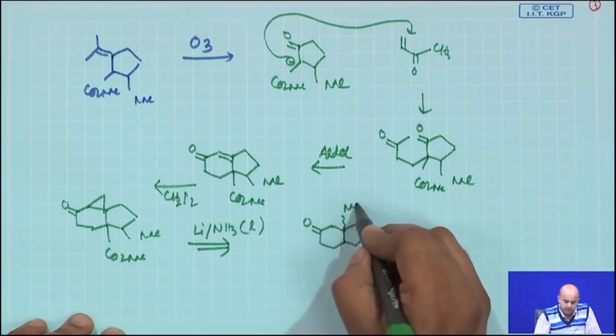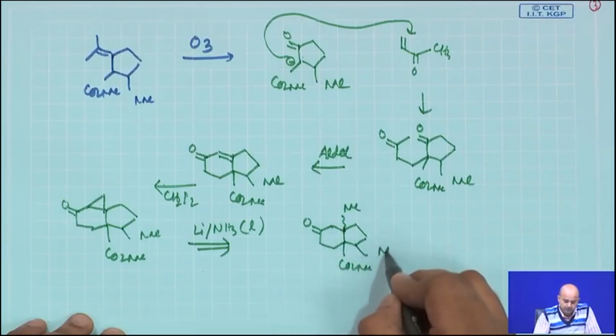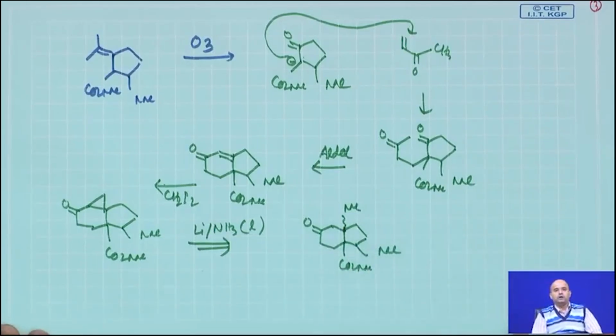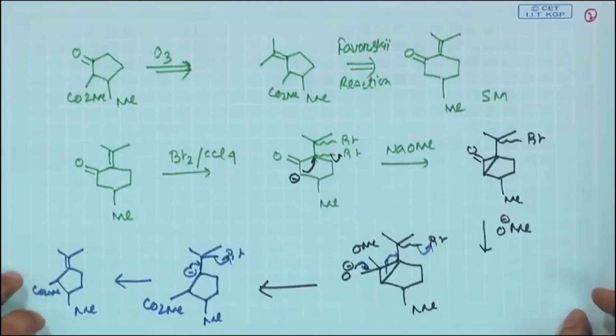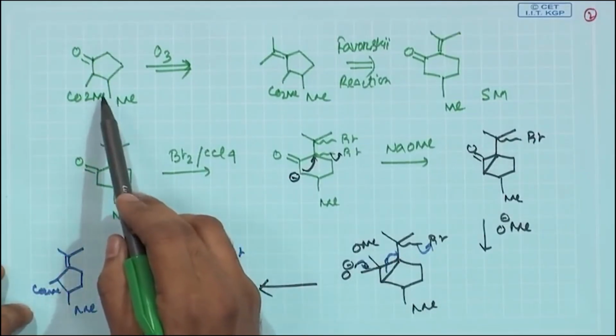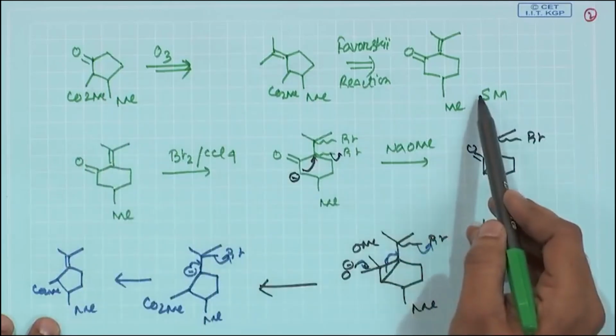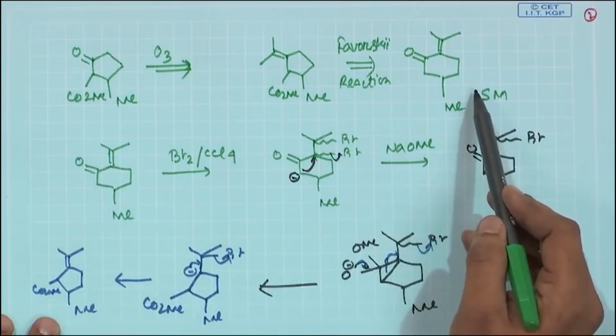The methyl comes here, the CO2Me is there, and this methyl is here. So, if you are not quite familiar with this Favorsky reaction mechanism, it will be a bit difficult to visualize. That is why I said, if you come to this intermediate by conventional retrosynthesis, you have to link how this intermediate can be correlated with this starting material through a Favorsky reaction.